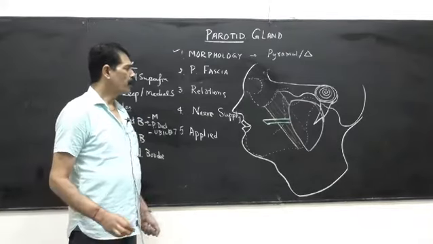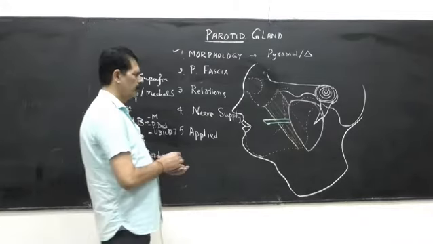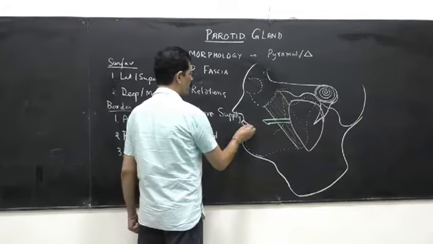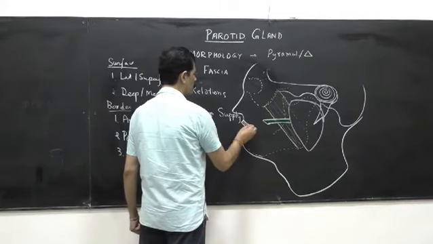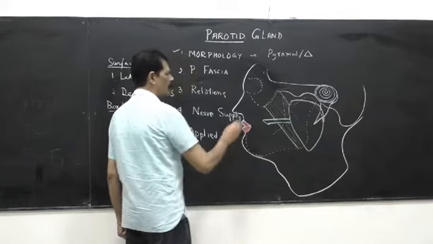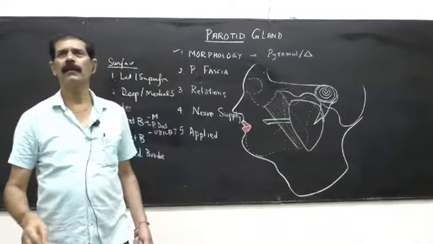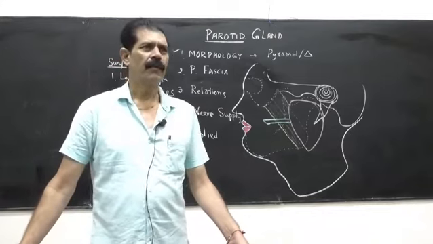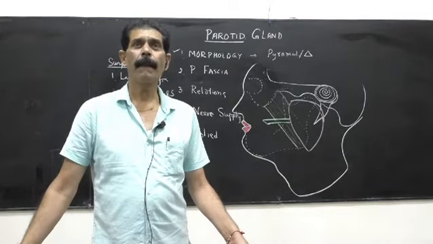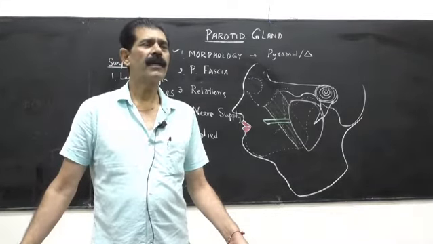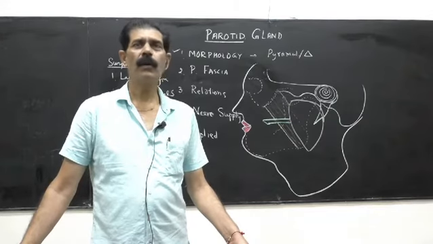And where does it open? Anybody? Where does the parotid duct open? First is the length. What is the length of the parotid duct? It is 5 centimeters long, or 2 inches.